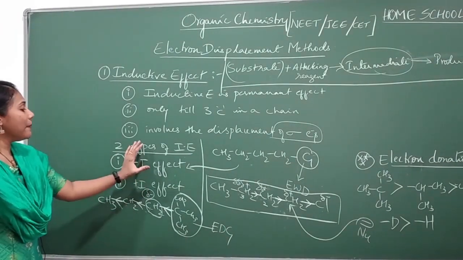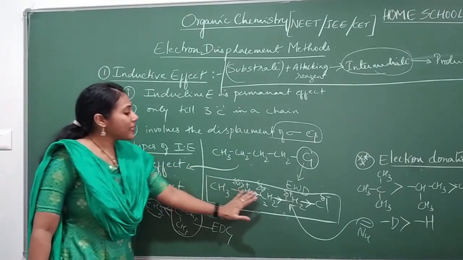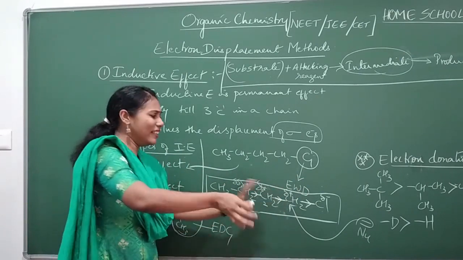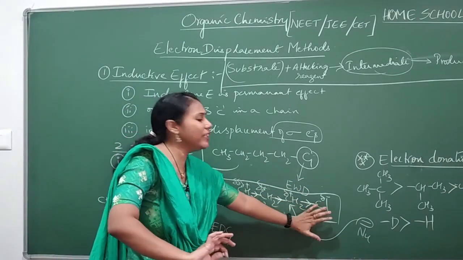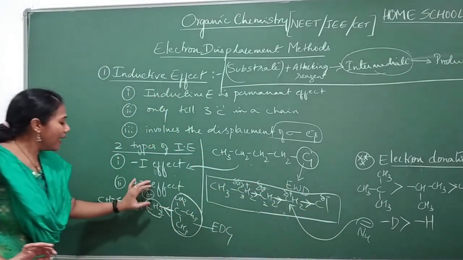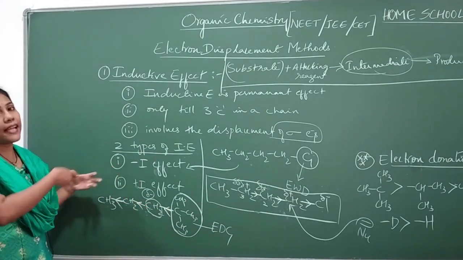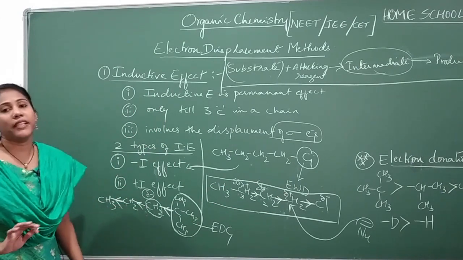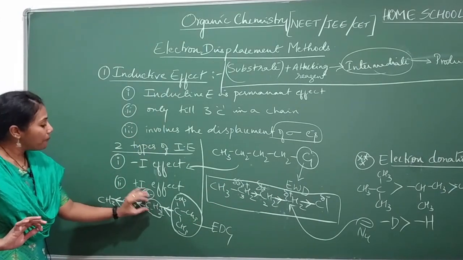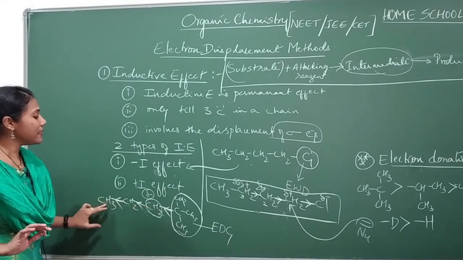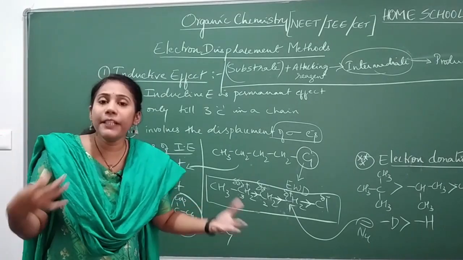So in the minus I effect, our sigma bonds are moving away from carbon atoms. They are leaving carbon atoms in a chain and moving towards a group. But in plus I effect, our sigma bonds are moving towards the carbon atoms, making them more electronegative. So from plus I effect, we can observe that carbon atoms in a chain have a negative charge.